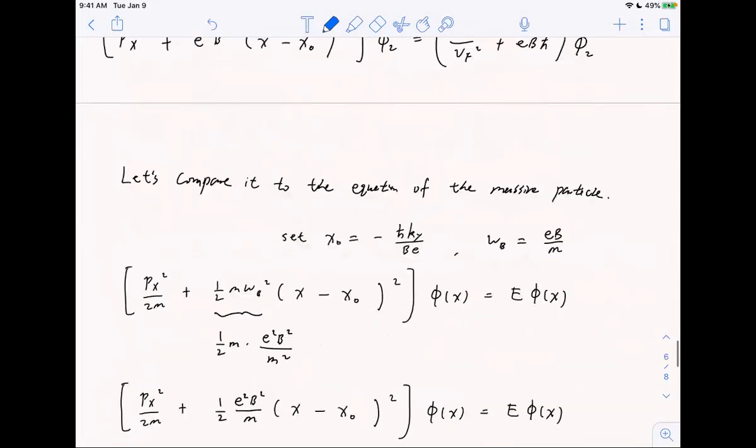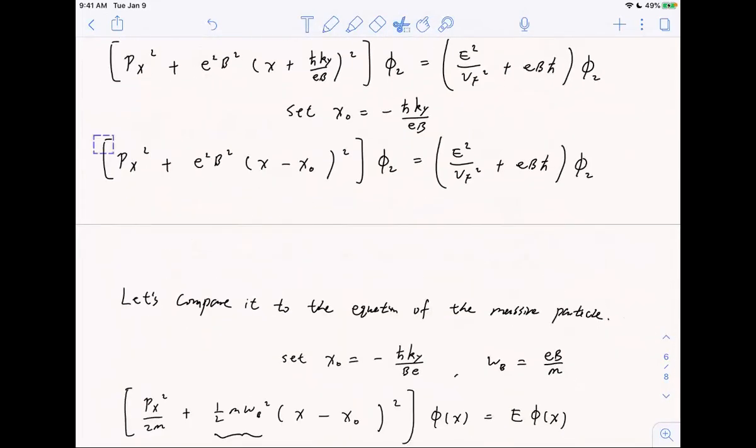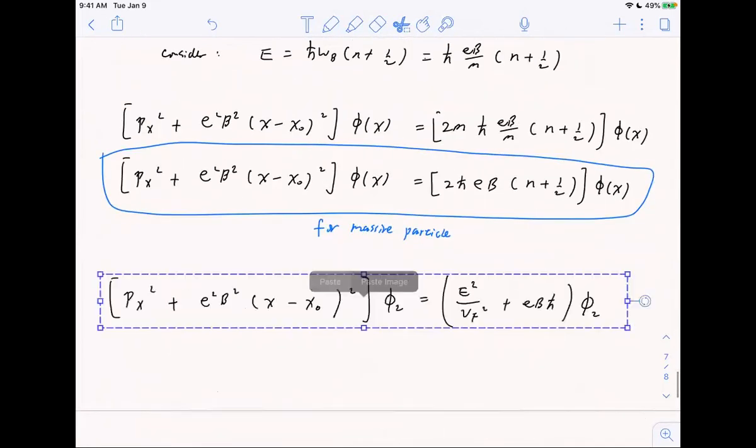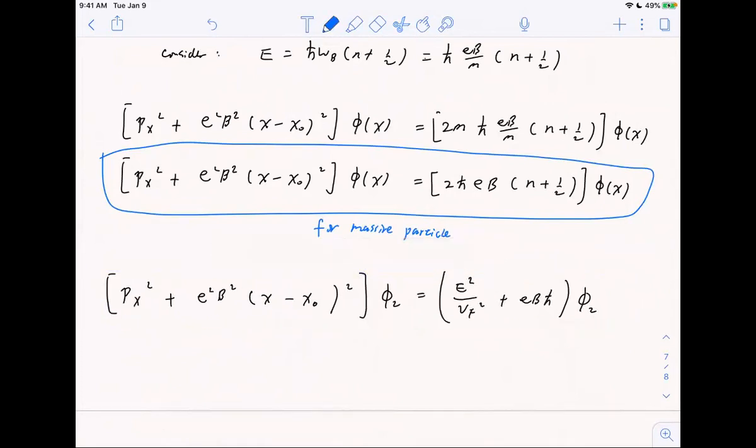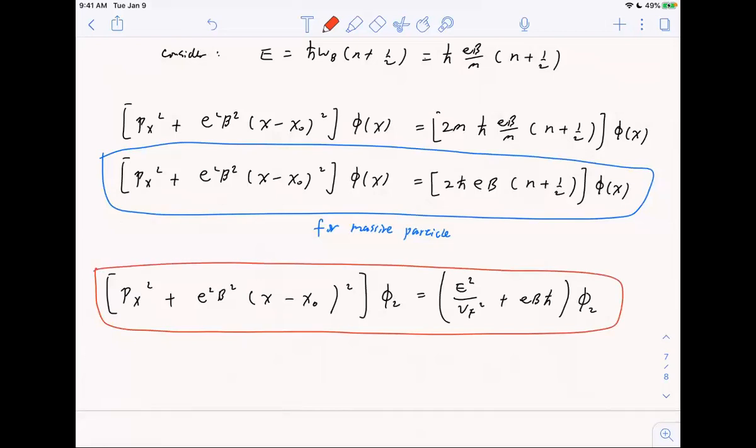Okay, let's compare this one for the massless Dirac fermion. Massive, you can say this is conventional.